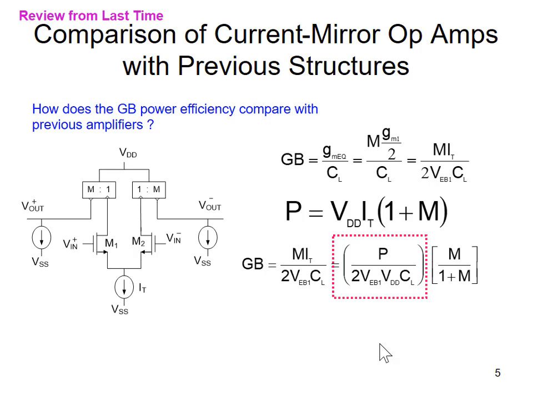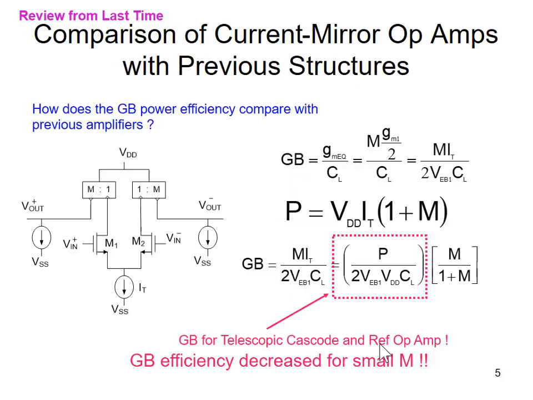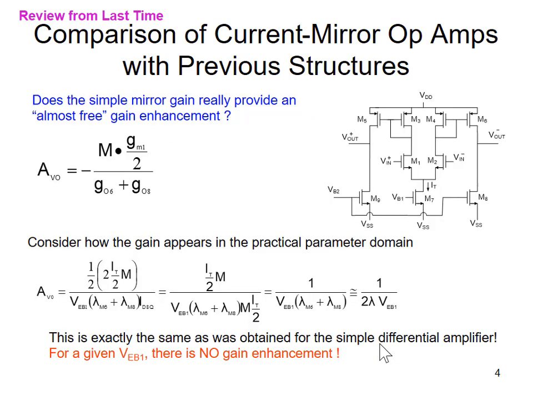Now, one thing I didn't do a good job of yesterday was when I compared this structure with, I guess first of all, the current mirror biasing. So if you look at the structure here, this has a single-ended output here. So what we're doing is we're taking the signal on the left here, and we're mirroring it through M5.